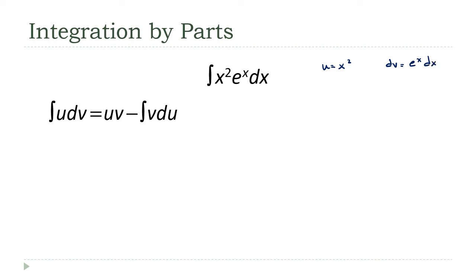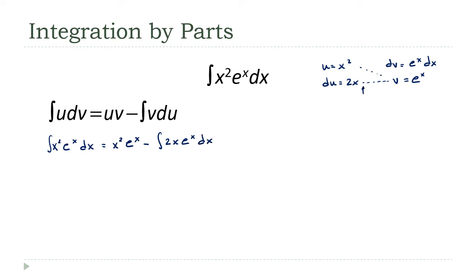Okay, so this means that du is equal to 2x dx and v is equal to e to the x. So if we do what we've been doing, the integral of x squared e to the x dx is uv. That's x squared e to the x minus the integral of 2x e to the x dx.